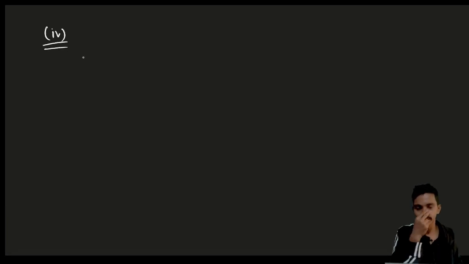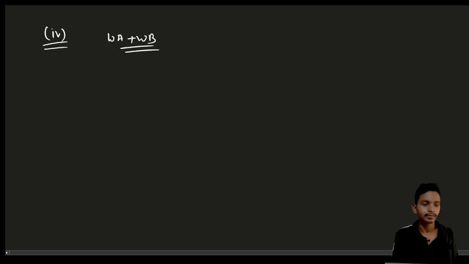Let's discuss the fourth case. The fourth case is when we add weak acid plus weak base. Okay, this is an example: let's say this is a weak acid and you are adding a weak base drop by drop.